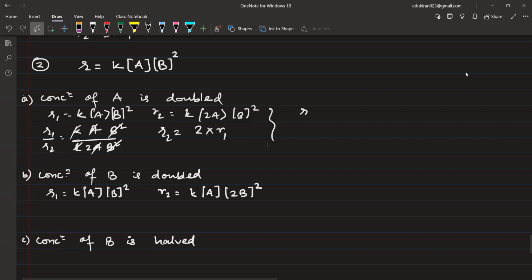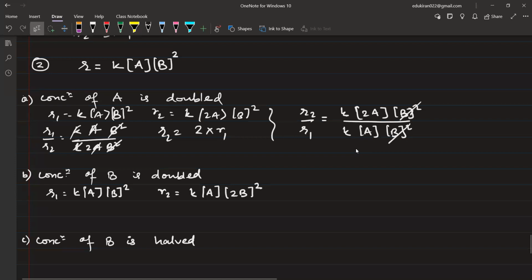हाँ तो फिर कुछ नहीं करना है, फिर R2 by R1 कर दीजिए, R2 by R1 ही कीजिए, so R2 in this case is equal to what, K into the concentration of 2A and then we have b squared divided by R1 में क्या है, K है, concentration of A है, and then we have the b squared.